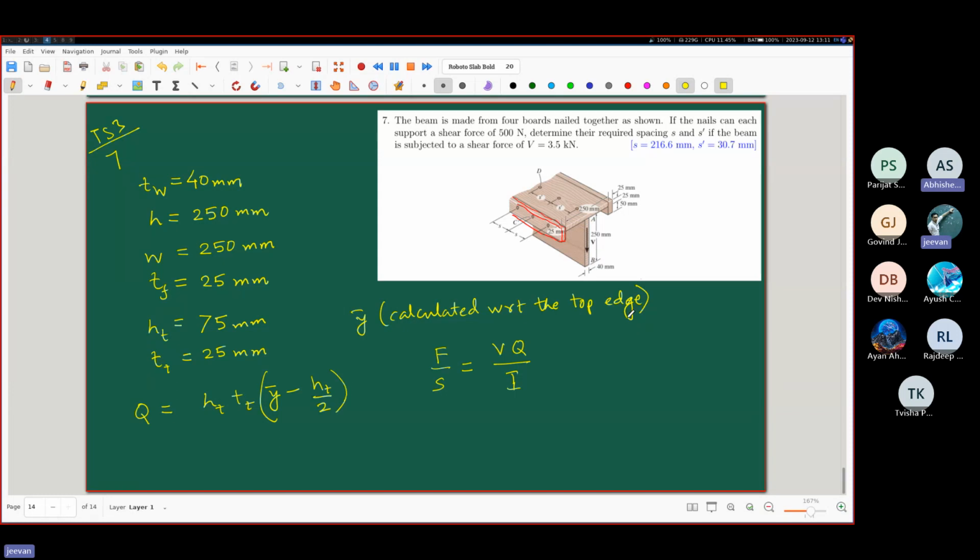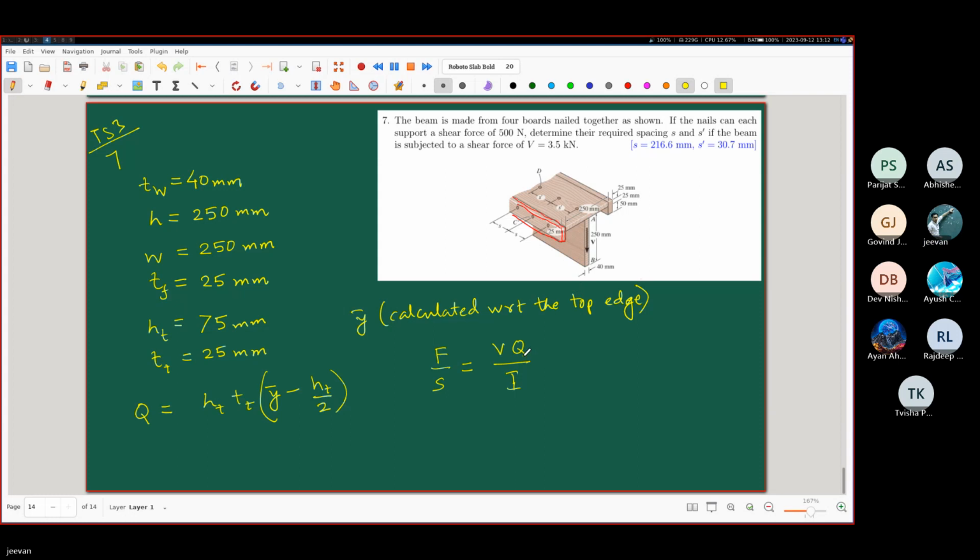I'm repeating my question. If I take this bit as well as this bit, then for this entire cross section, the complementary to both these bits is not just this horizontal board. It is the horizontal board plus this vertical board.